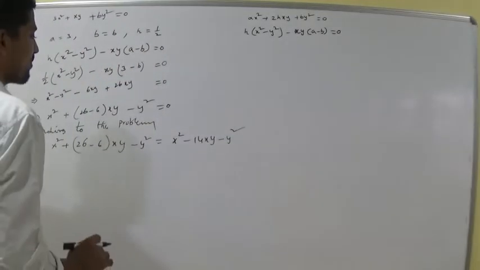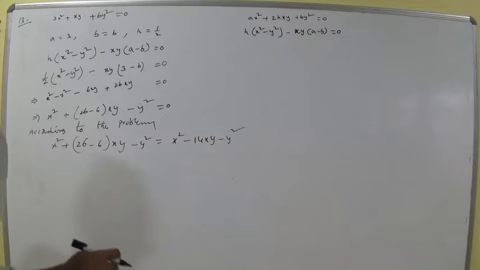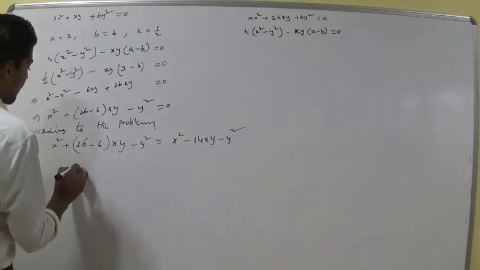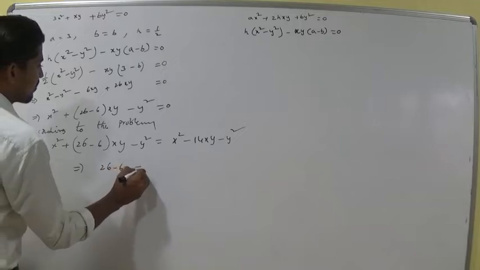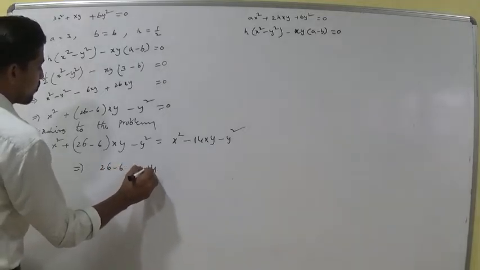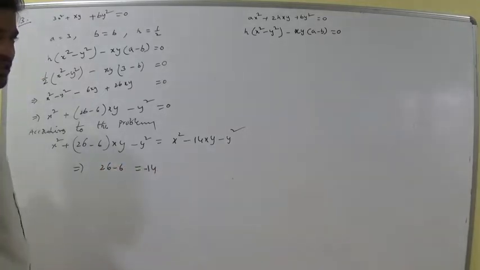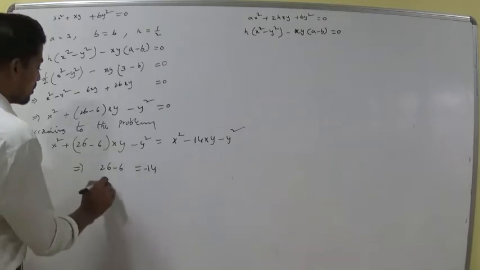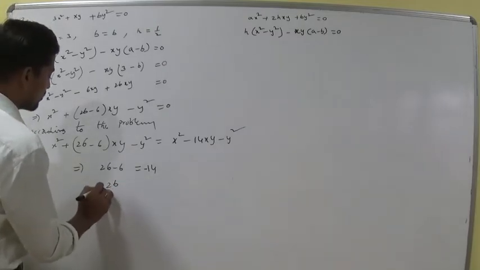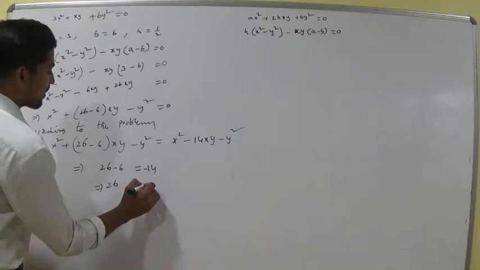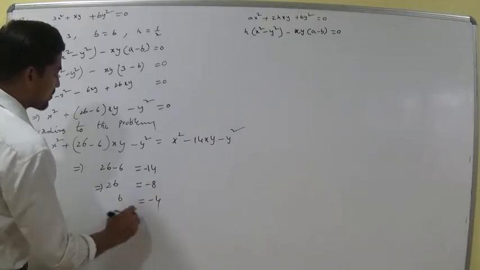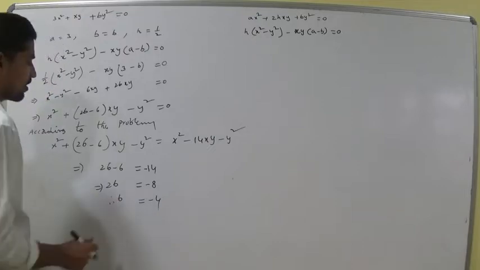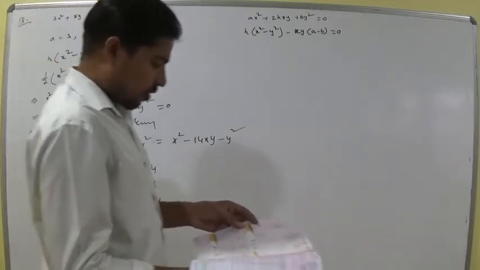So compare the coefficients of x square, y square and xy, which implies 2b minus 6 equal to minus 14. Understand? So 2b equal to minus 8, b is equal to minus 4. Therefore b equal to minus 4.